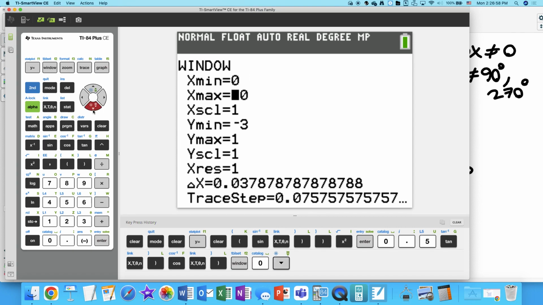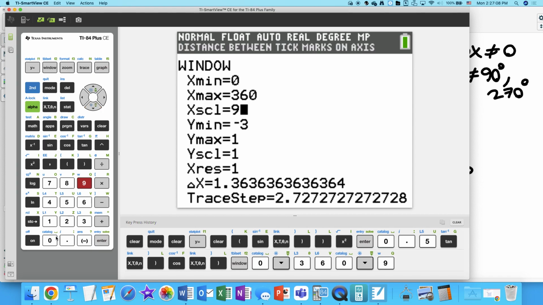And with my trig functions, I like to divide it into quarters, so I'll make the scale 90 degrees. Okay. And then we know that sine and cosine, for example, go from -1 to 1, and tan has that asymptote. So maybe I'll make my y min -3 and 3. And we'll see where we get. Let's start with that. And then I'm going to hit graph.